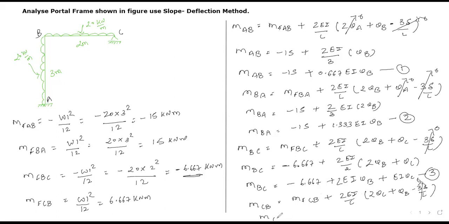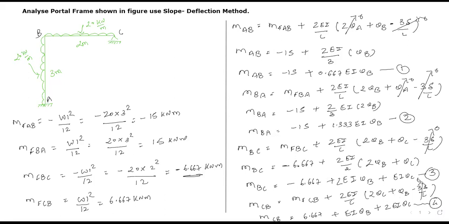So we will get MCB that should be equals to plus 6.667 plus 2/2. Again 2/2 is cancel out. मैं directly लिख देता हूँ. So we will get EI theta B plus twice EI theta C. This is your equation number 4. I hope it is clear to all.